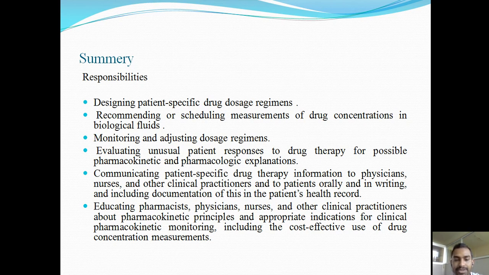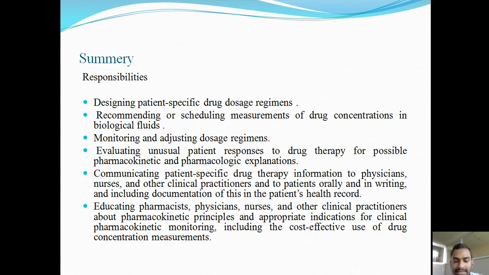That is, the clinical pharmacist will monitor and adjust the dose regimen, evaluating unusual patient responses to drug therapy for possible pharmacokinetic and pharmacologic explanations, then communicating patient-specific drug therapy information to physicians, nurses and other clinical practitioners and to patients, orally and in writing also, including documentation of this in the patient health record.